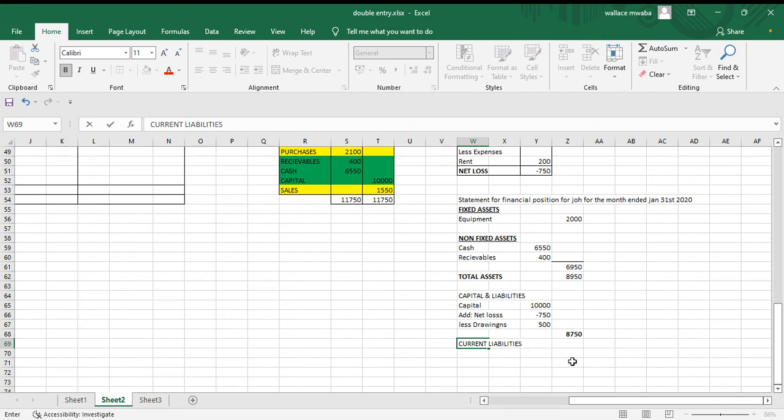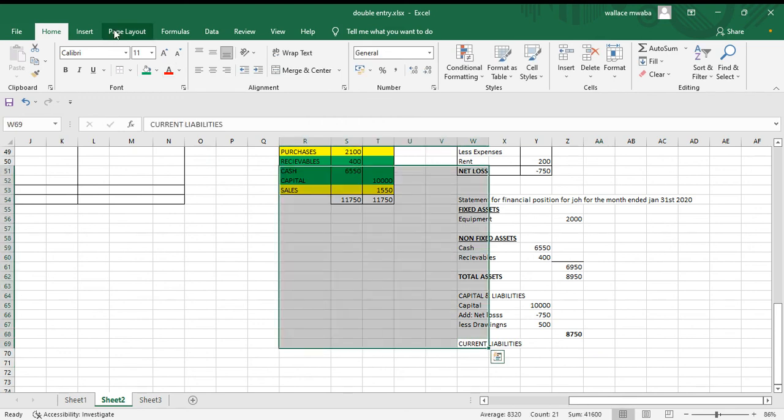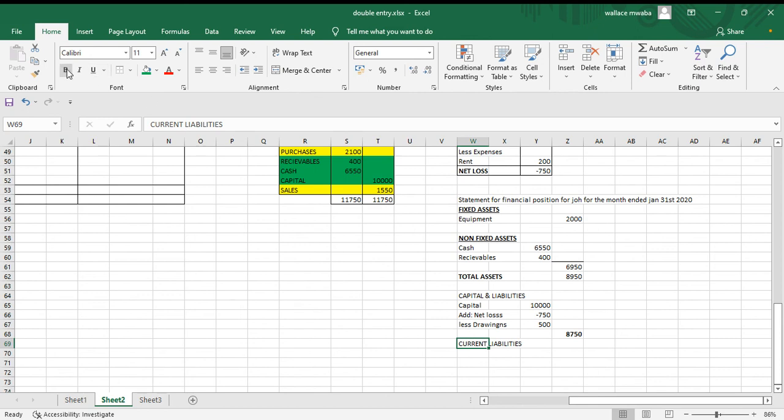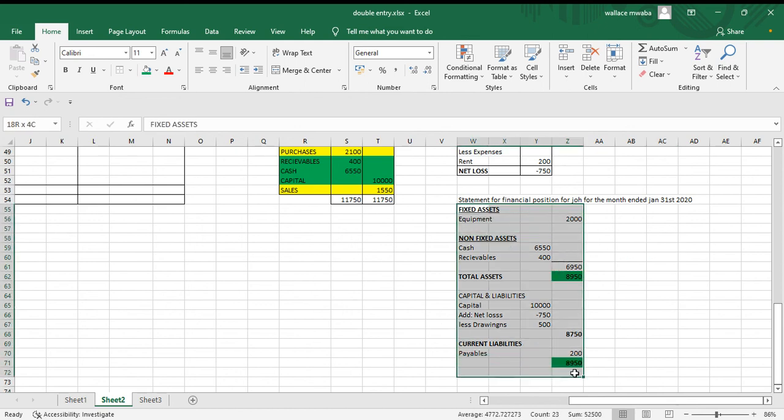Current liabilities, payables 200. We total this up: 8,750 plus 200, we get 8,950. So as we can see, our assets equals liabilities plus capital. We have balanced. That's how we made the financial statements.